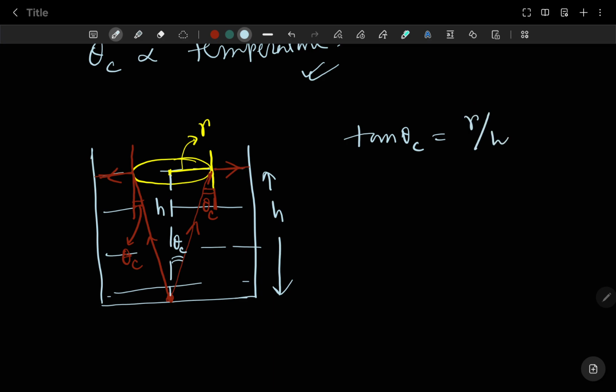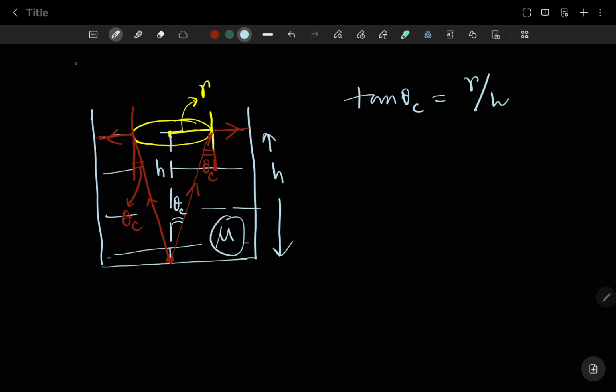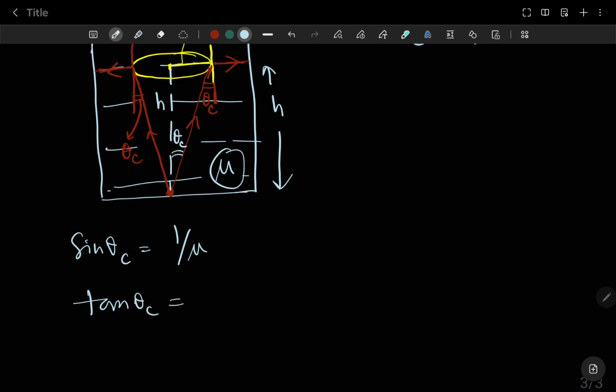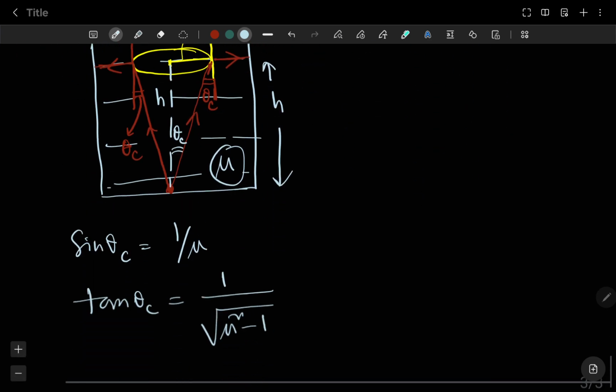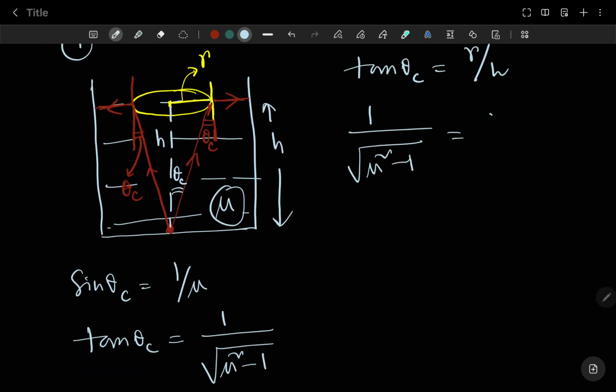Now we know that if this is mu and this is 1, then sin theta c is clearly 1 by mu. So tan theta c will be perpendicular by base, where the base is root over mu square minus 1. So 1 by root over mu square minus 1 is r by h.